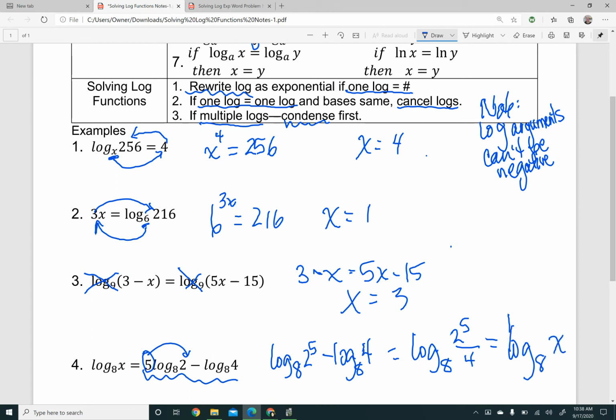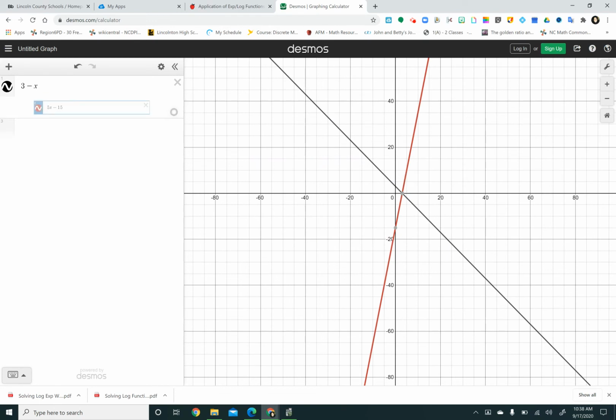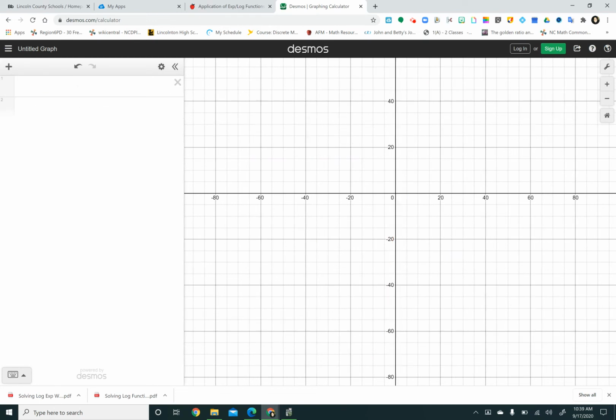Now the bases are the same. So because the bases are the same, I can cancel these. So I get 2 to the 5th over 4 equals x. Well, isn't this just a number? And if you're not sure what that number is, you can put this right in your calculator, whatever calculator you're using.